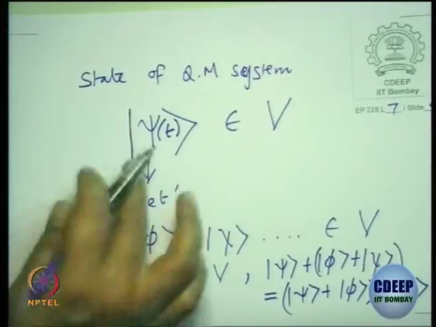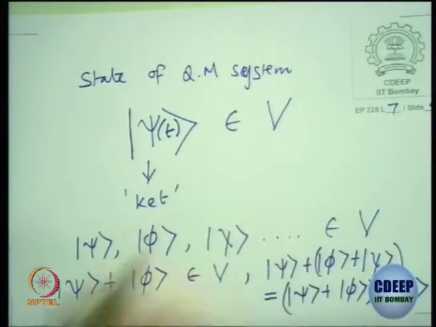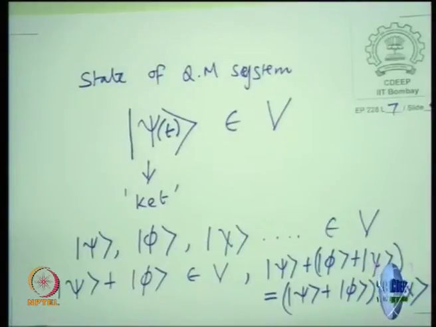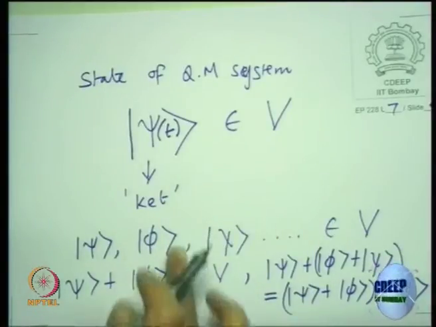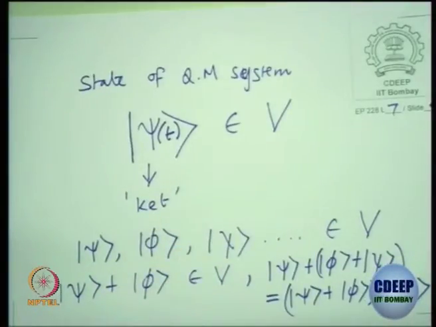Before we go into it, is this vector space a linear vector space? If this is a linear vector space, then these properties have to be satisfied. If these properties are not satisfied, then it's not even a linear vector space. So these are things which we need to know, and whatever is psi has all the information about the system. This is an abstract notation, slightly different from your wave functions.